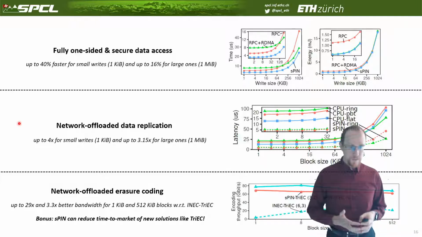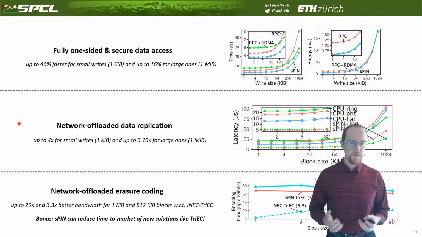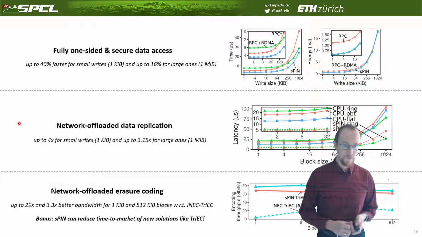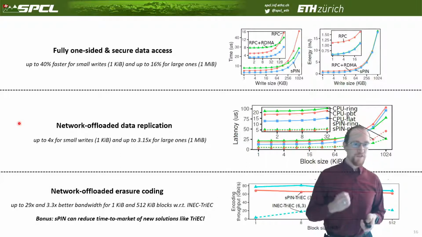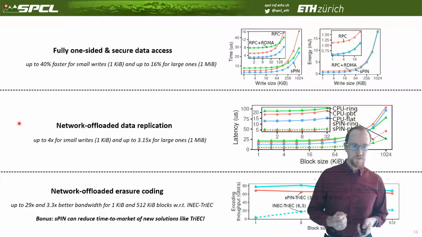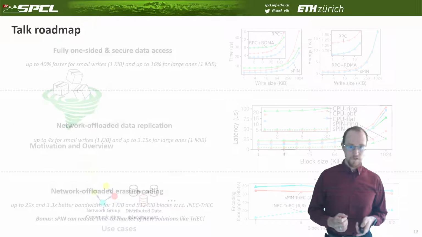You don't need to update any firmware, like in this example, where the authors updated the Mellanox firmware and added some extensions, which was quite a bit of work, of course. So sPIN is user-level programmable. Every user can implement his or her own protocol on the NIC.